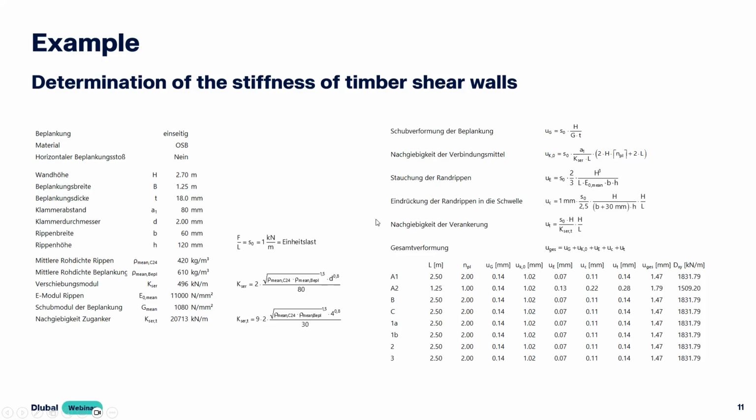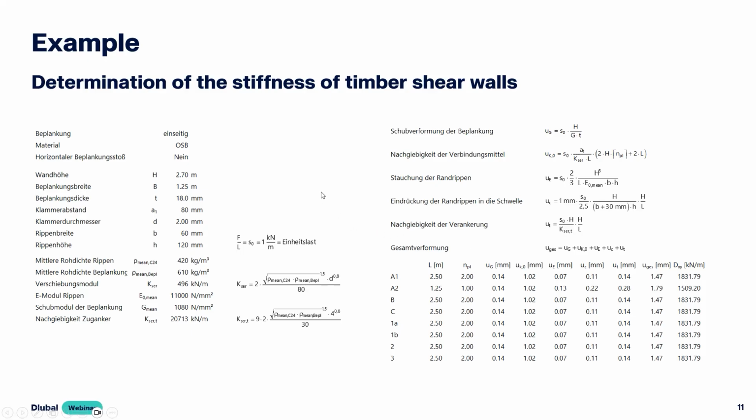I've mentioned it already in my first webinar, where we have different parts of the deformation. And based on that information, sorry, it's in German, from an Excel sheet, we get as a result the stiffness. And of course, all walls have the same length of 2.50 meters, and therefore all walls get the same stiffness. Of course, not wall A2. Wall A2 is only 1.25 meters and has a bit less stiffness. So we will deal with that.